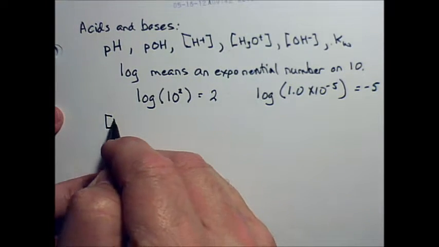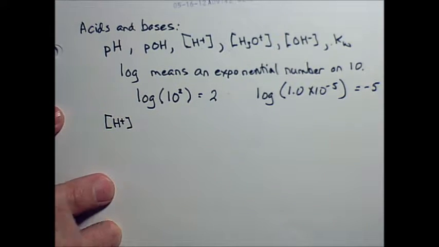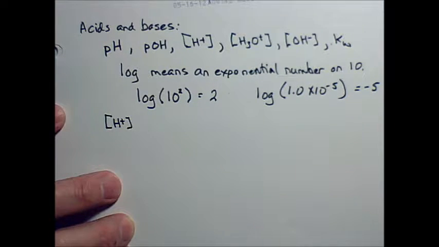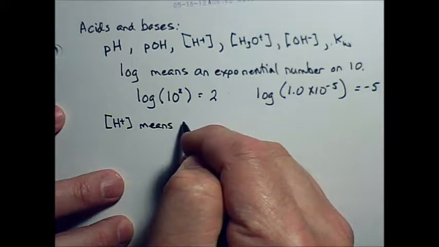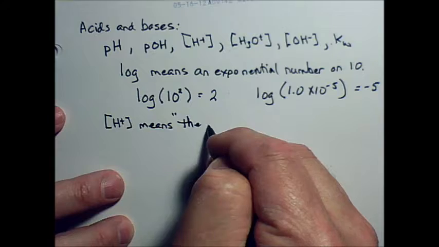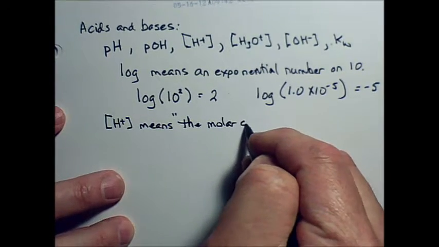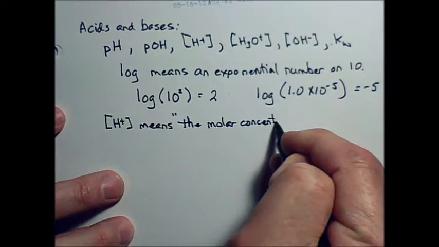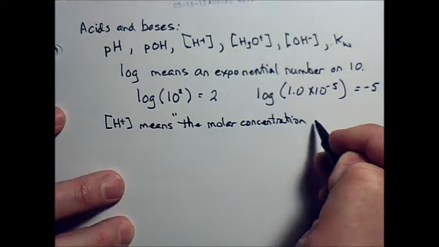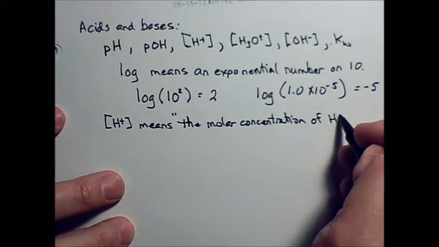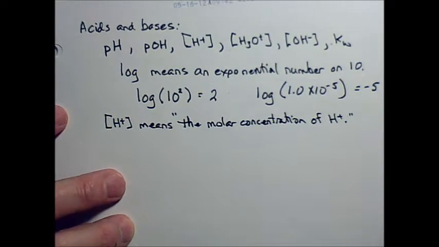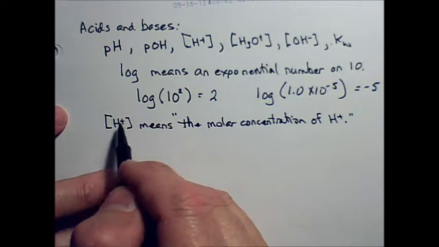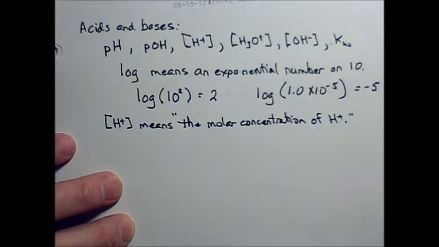This symbol here, H plus: anytime you put a chemical symbol inside brackets like that, it means the molar concentration of that, the hydrogen ion, not the molar mass.